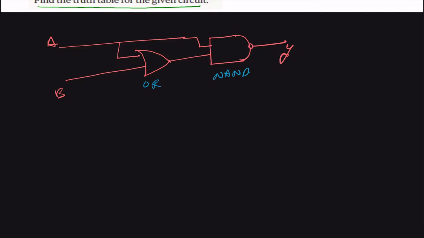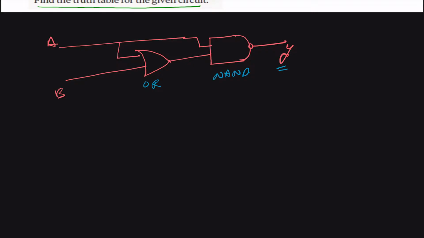We have two approaches to solve this. We can put in 0 and 1 and get the solution, but the easiest one is finding the expression of our output Y. That is going to help us.